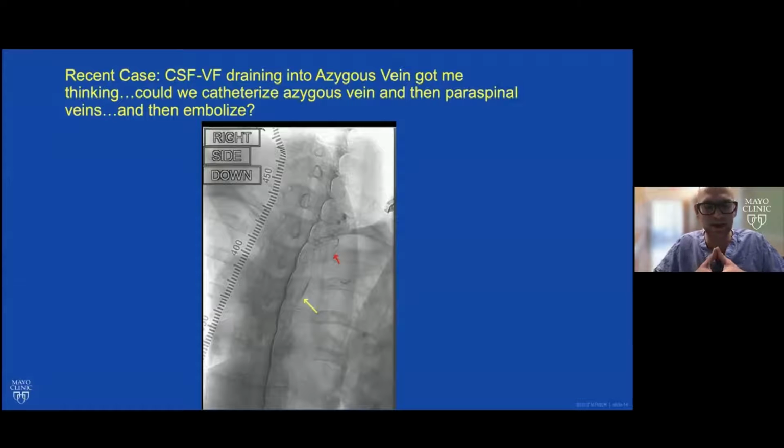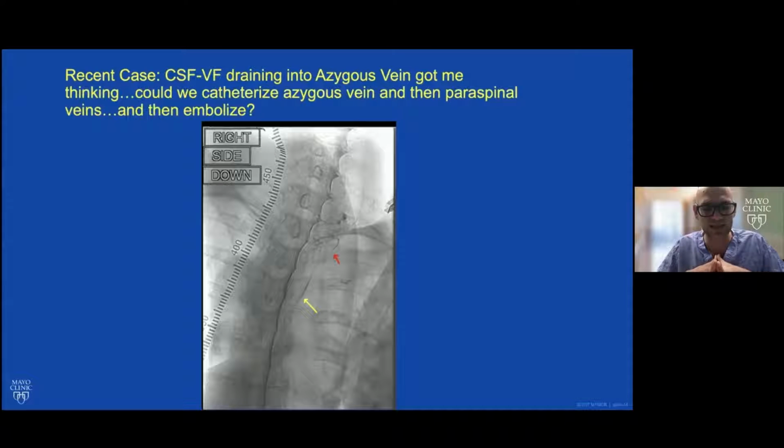Many of you have probably heard this before, but where did this idea of transvenous embolization come from? As Marcel knows, transvenous embolization of brain AVMs, dural fistulas and other types of arteriovenous lesions is very en vogue right now in neuroendovascular.